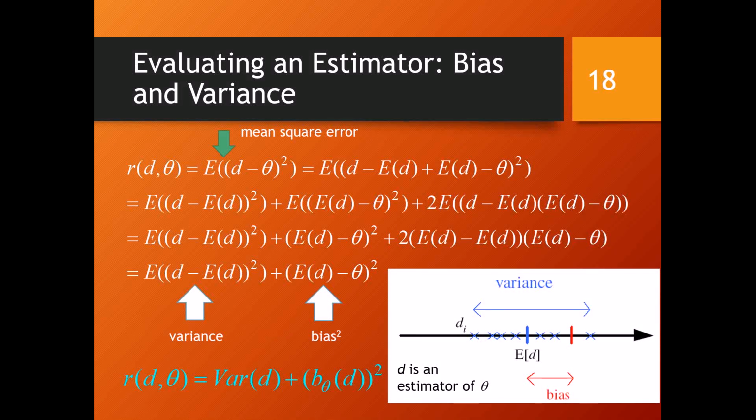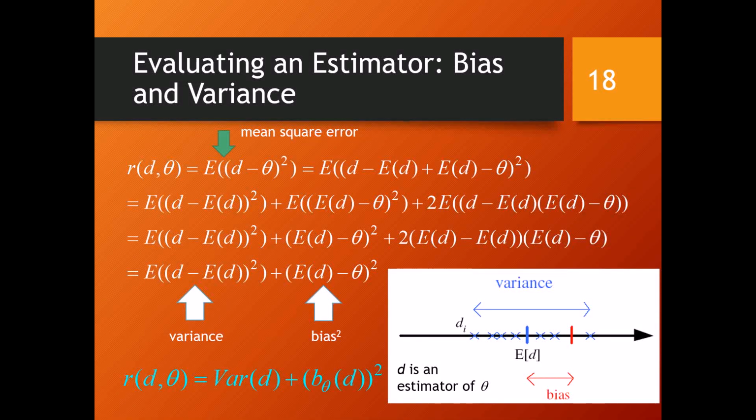In deep learning, your estimator is this, right? It's the same. So for deep learning, we still need this kind of concept. Let me say it again. Mean square error is equal to the variance of the estimator plus the square of the bias of the estimator.